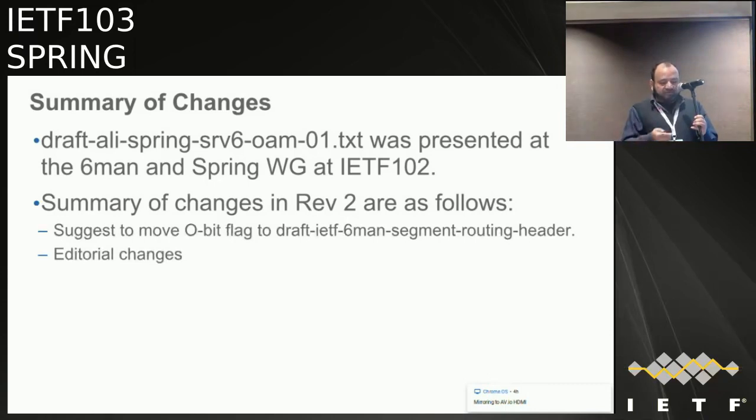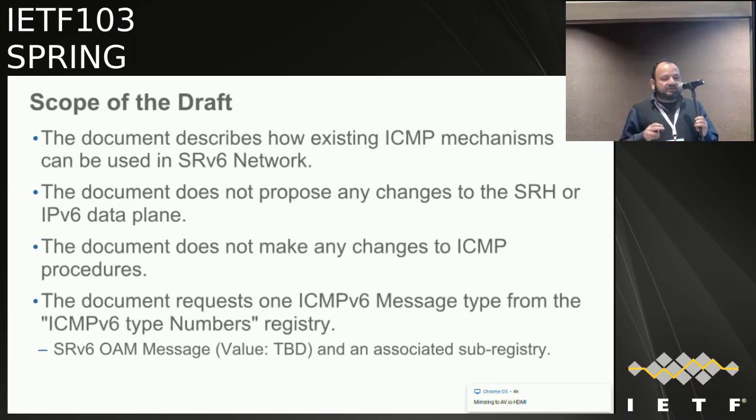Other than that, there are only a few changes to this draft since the last time I presented it. In the interest of time, I'll skip the scope, but really this draft does not define any changes to any existing ICMP procedure. They work seamlessly for SRv6 networks. The draft does not make any changes to the SRH processing or the IPv6 data plane.